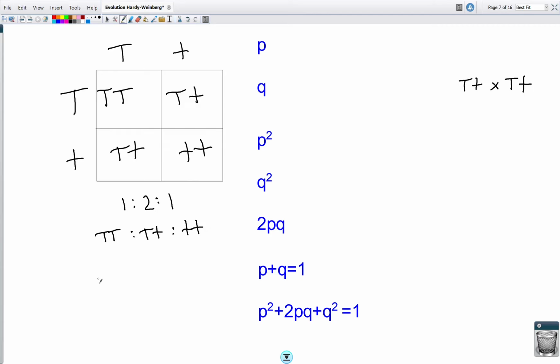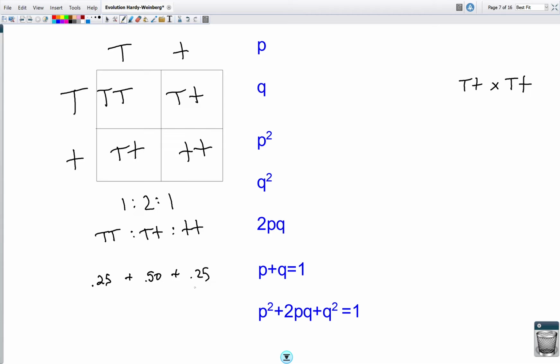And so 25% to 50% to 25% ratio gives me a total of 100% of my population. I have 4 boxes. I have 4 total kinds of outcomes. And so that ratio should equal 1 whole population, 100% of the population.